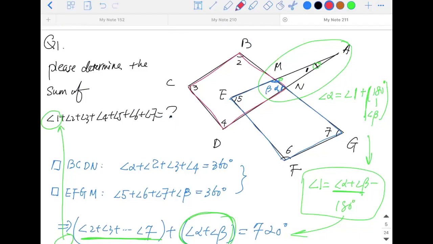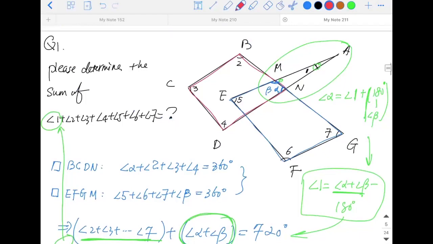So let me ask you a very brief question. In this problem, all these shapes, the quadrilaterals and the triangle, are just a random quadrilateral and a random triangle, right? There's no specific angles. So when you solve this problem, you're just trying to use the triangle total angle sum.